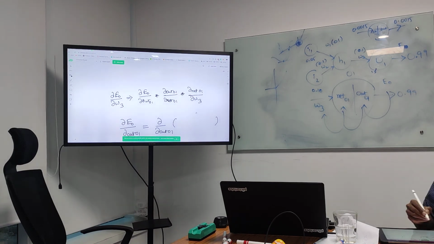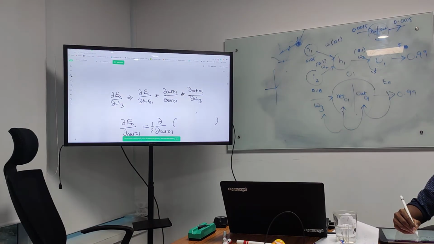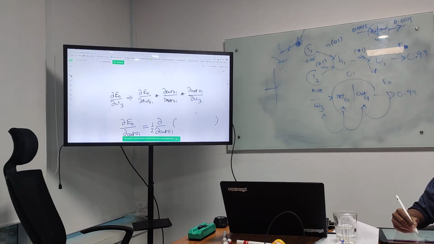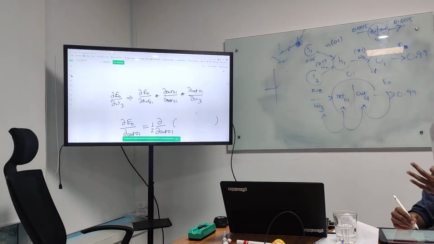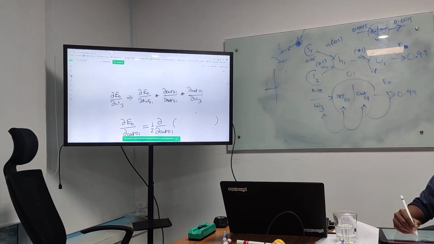One by two, the constant, into y true minus y pred, whole square. My y pred was 0.0015, but let's not substitute the values, we are just solving equations now.